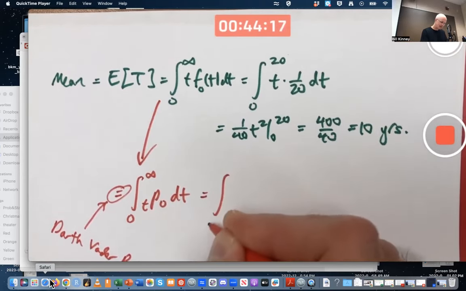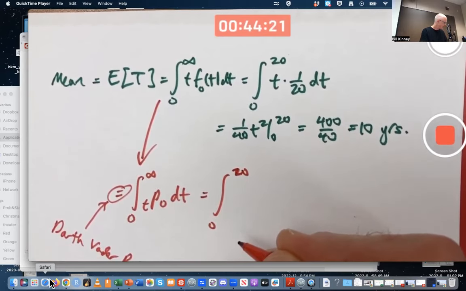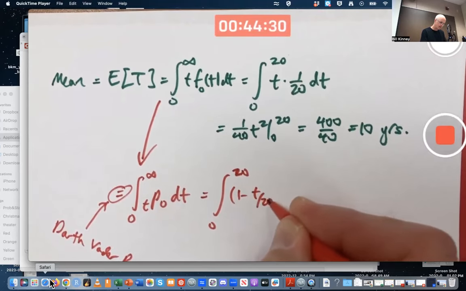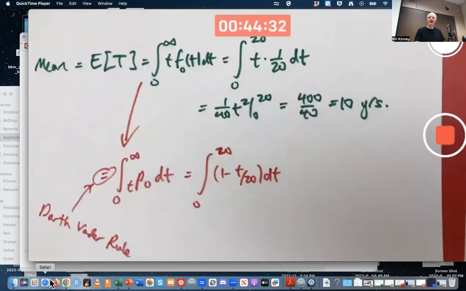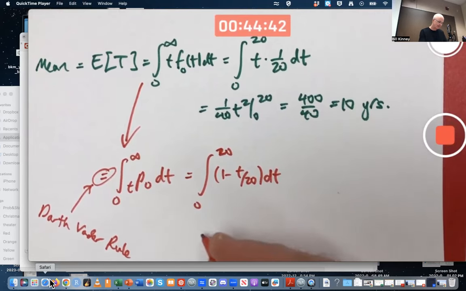In this case, let's confirm it gives us the same answer. What was our survival function over the interval from 0 to 20? It was 1 minus t over 20. It's not really any easier in this example. You could even say it's harder. But let's see that it hopefully still gives us 10.